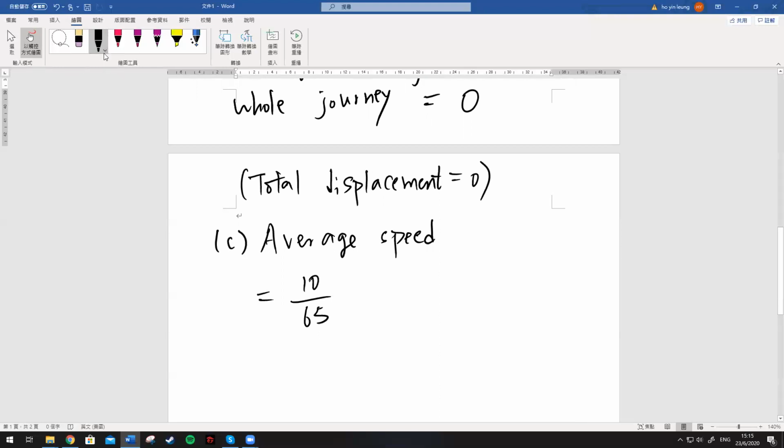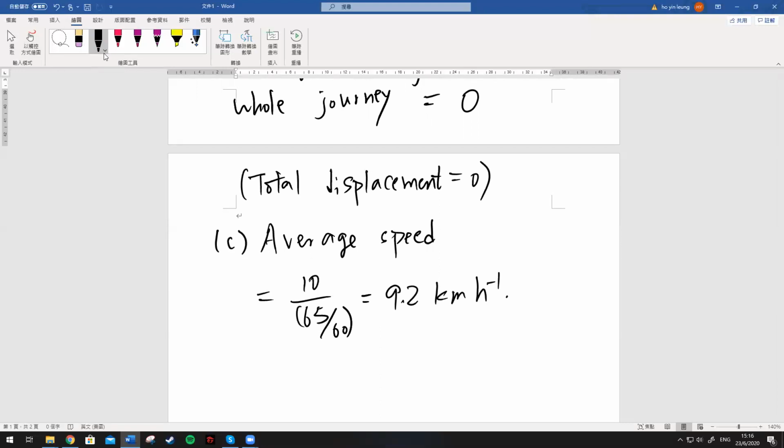Okay, so that means it should be, I think, around 9.2 if we take 2 SF. Okay, is that okay now? Yeah.